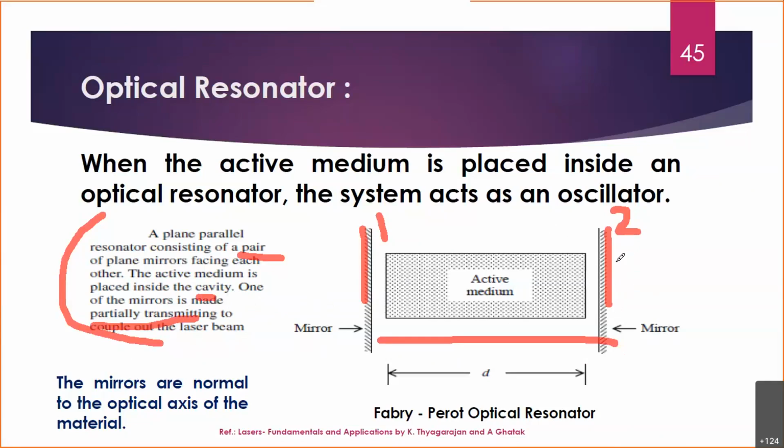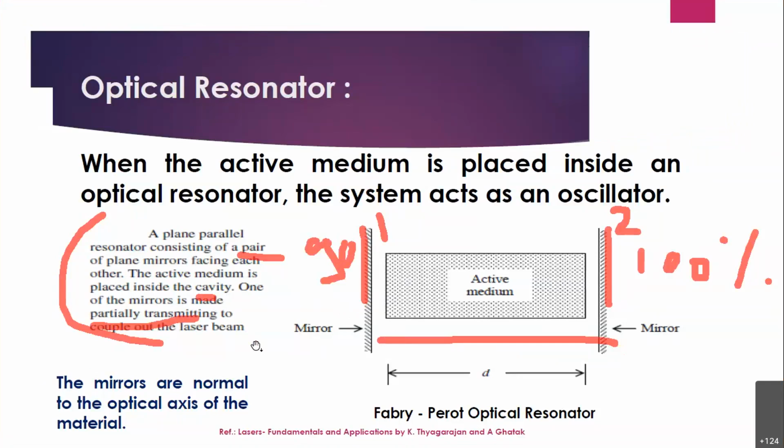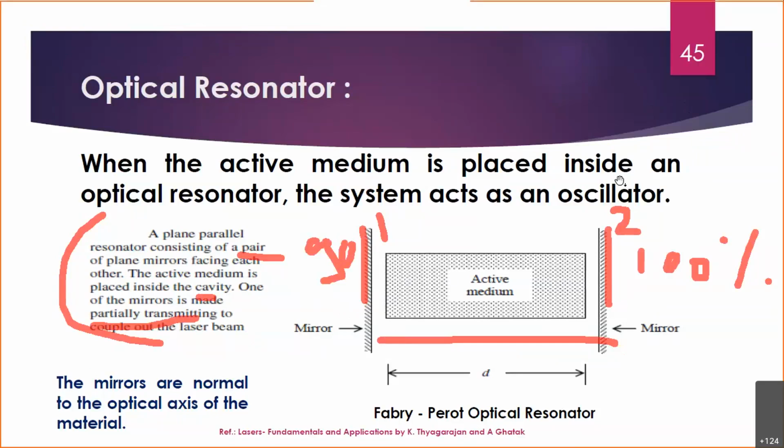So let's say mirror 2 is 100% reflecting, but mirror 1 has a reflectivity of, let's say, around 90 to 95%. This mirror 1 is not completely 100% reflective. So just keep this in mind also.